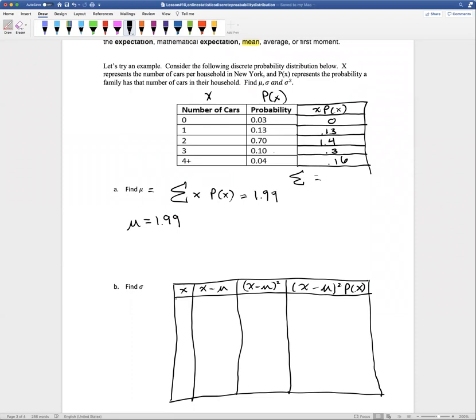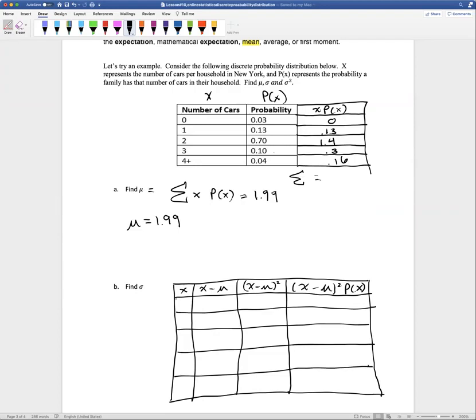First of all, I'm going to put in my x's, which represent the number of cars. I have 1, 2, 3, 4, 5, so I'm going to do the probability of a family of 0 cars, 1 car, 2 cars, 3 cars, 4 plus cars. Okay, so x minus mu. Remember, x over here is 0.